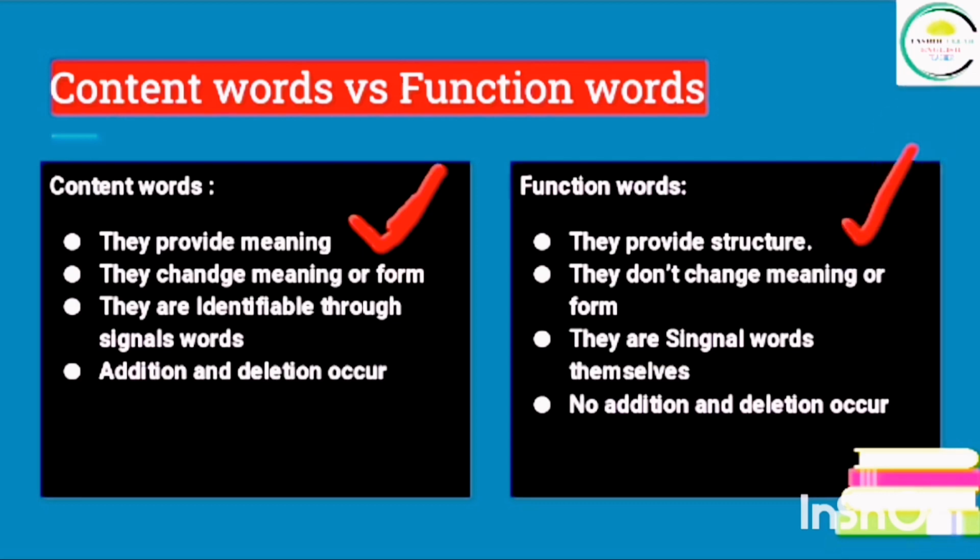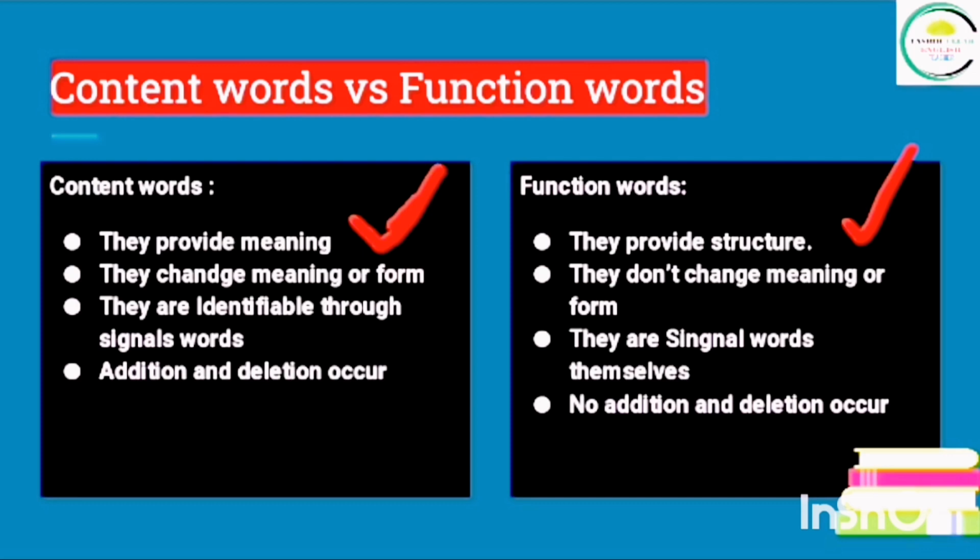Okay, and the second difference is content words change their meaning as well as their form as we add suffix or prefix to the content words. But functional words do not change their meaning or their form. Okay, and we cannot add suffix or prefix to the functional words.